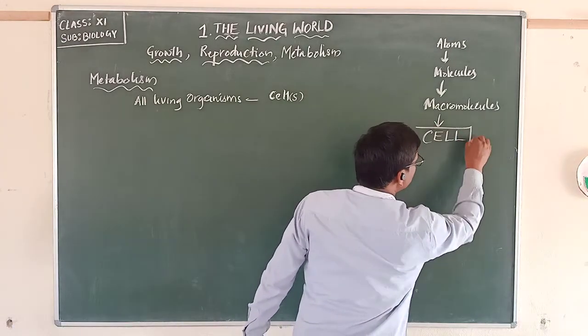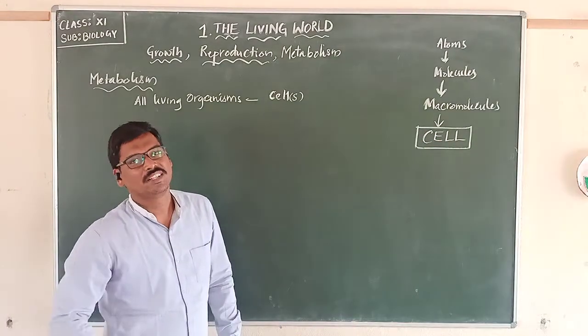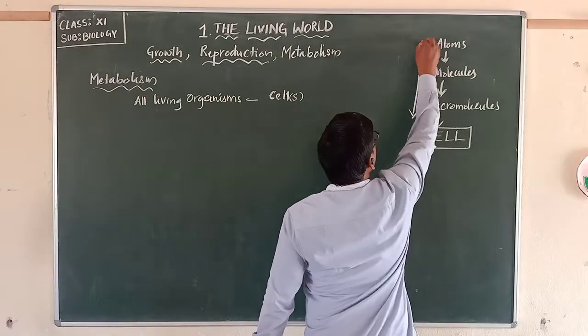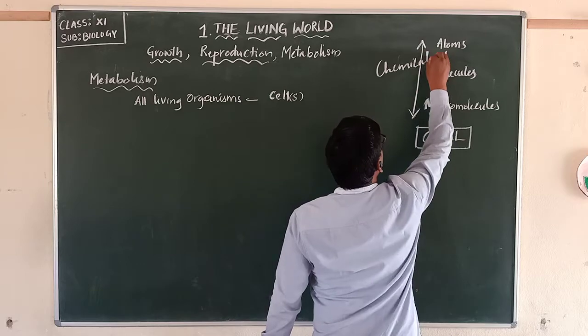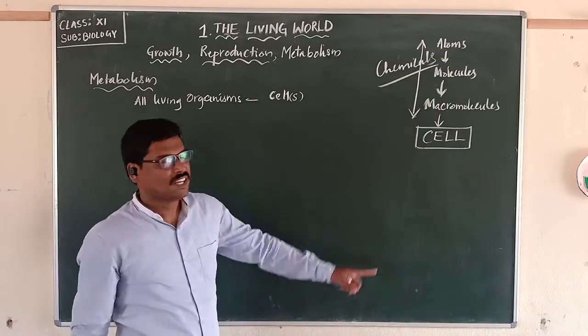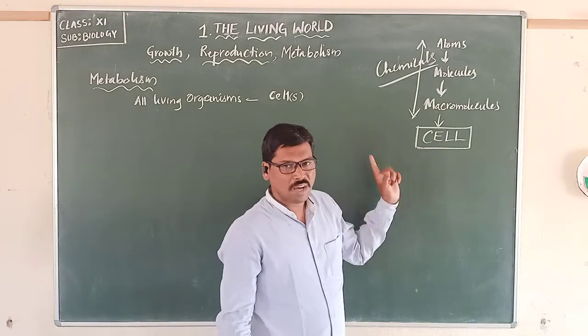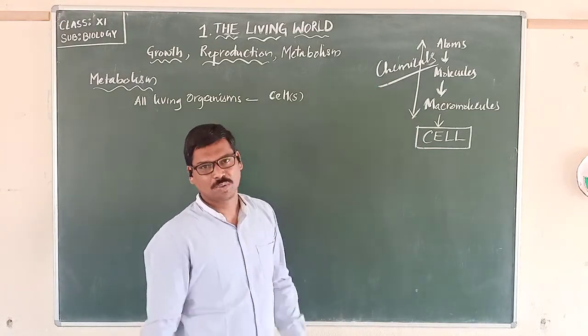So let us remember, the cells are made up of chemicals. Please remember this. It's a very important thing to keep in mind. Every cell is made up of chemicals only.